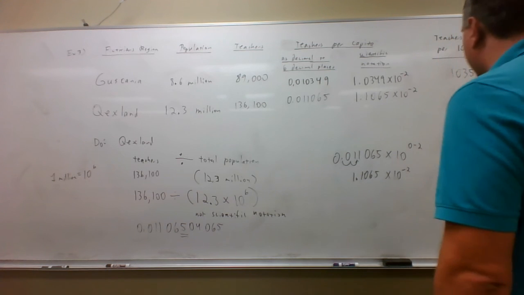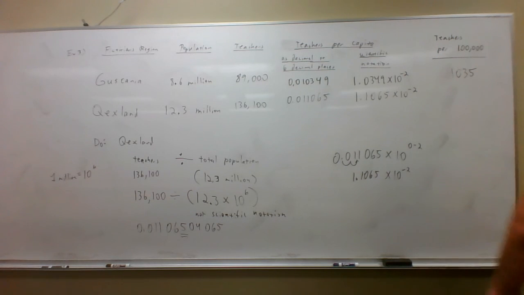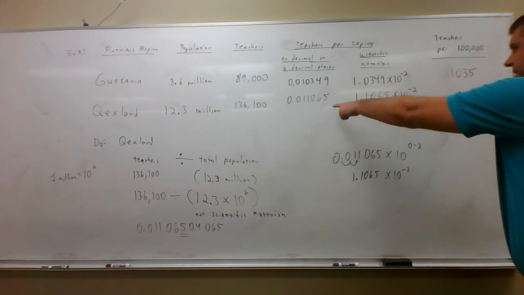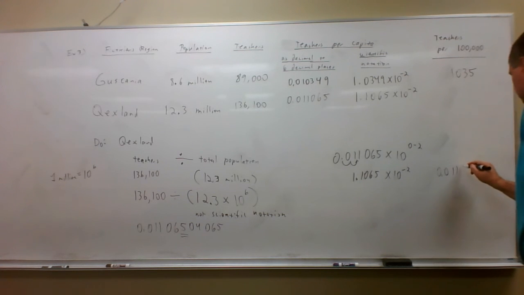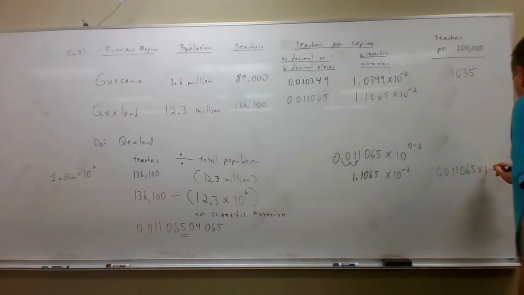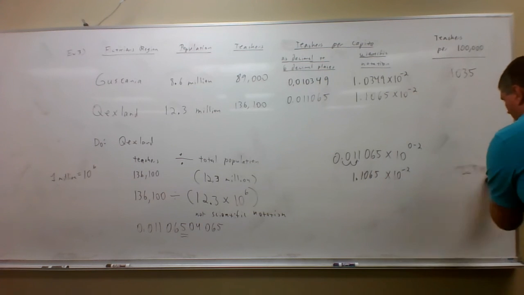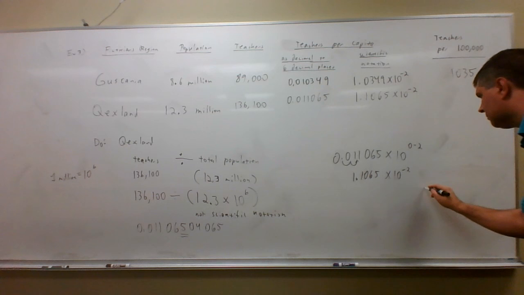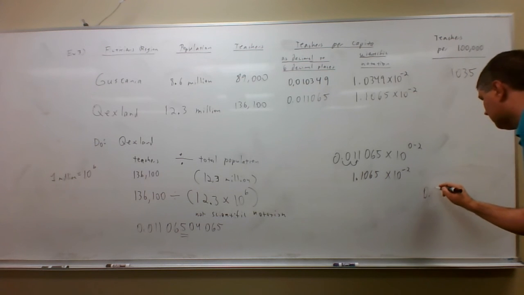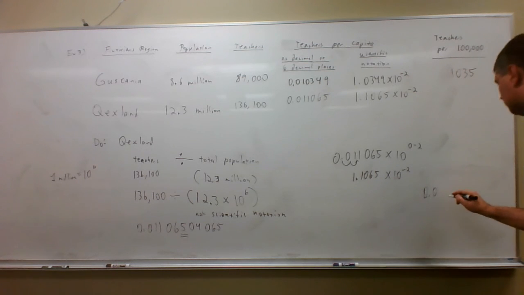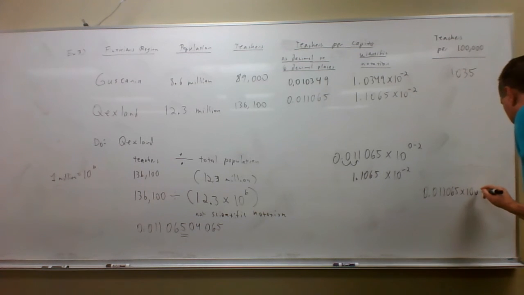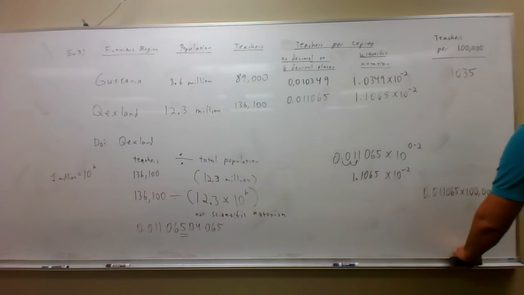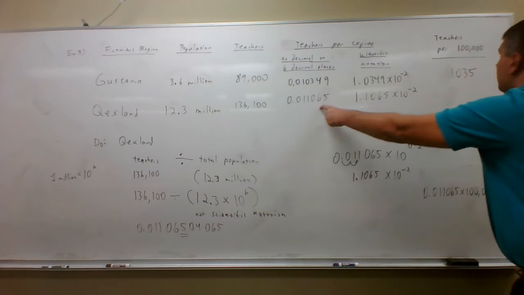And then to get the teachers per 100,000, I'll take this number times your 100,000 people.